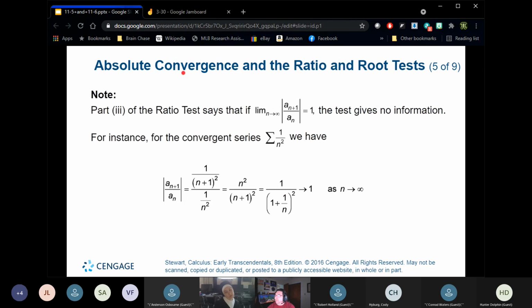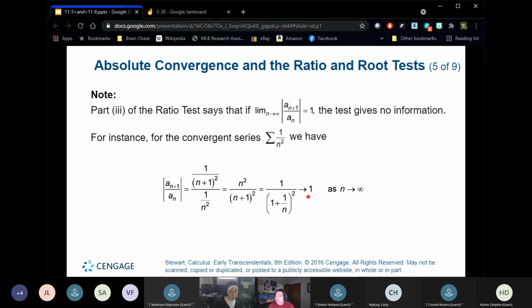So we're basically doing 1 over n plus 1 squared over 1 over n squared, because that's the a sub n plus 1 and a sub n, which is n squared over n plus 1 squared. And if we divide them all by n squared, we get 1 over 1, which is 1. So the ratio test for 1 over n squared, the limit goes to 1. I know it's convergent, but the ratio test doesn't give me that information.